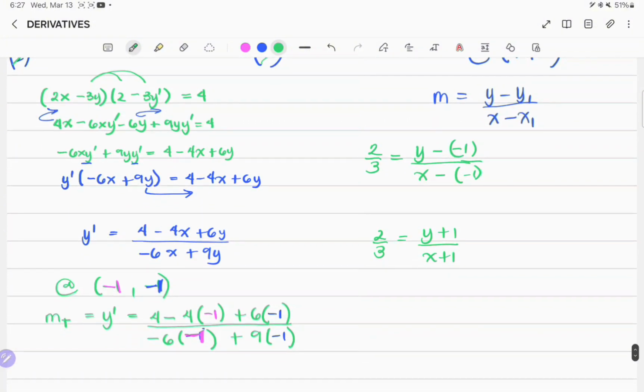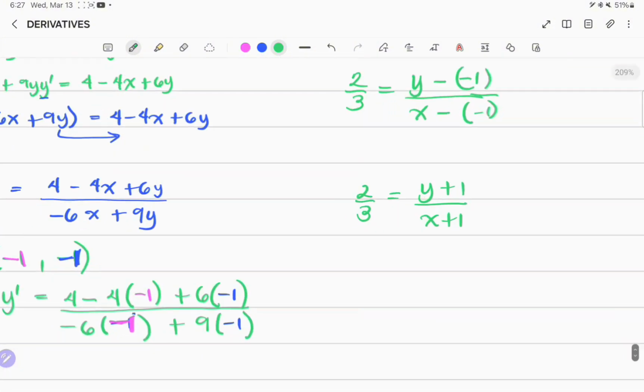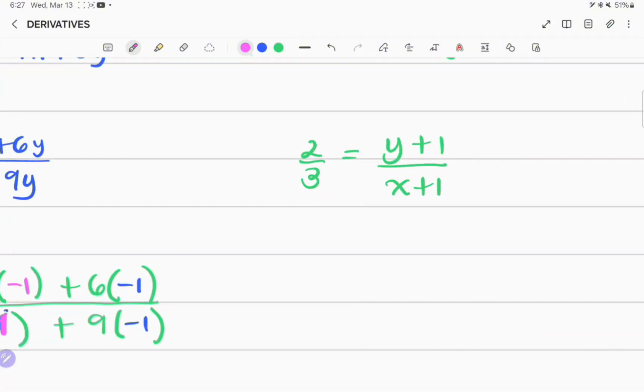And then as we cross multiply or use commutative property of equality by multiplication, it will become 2 times x plus 1 is equal to 3 times y plus 1. As we distribute 2 and 3, we have 2x plus 2 equal to 3y plus 3.